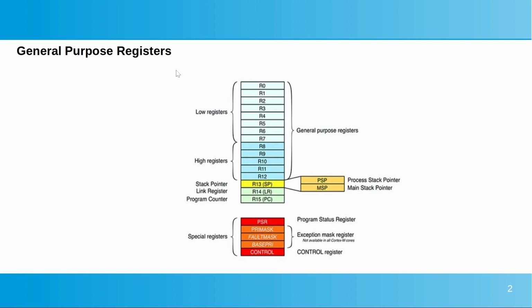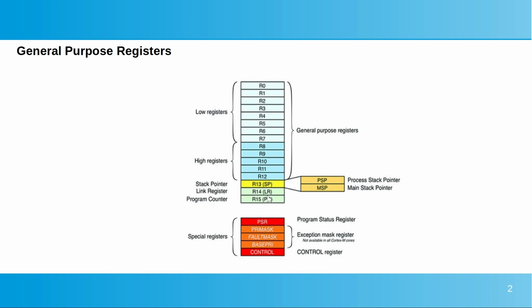Now, in terms of registers, ARM Cortex-M microprocessor does support two sets of registers. We have the general purpose registers ranging from R0 to R15 and the special registers like PRIMASK and FAULTMASK and so on. In terms of general purpose registers, ARM Cortex-M microprocessor does support 15 registers.